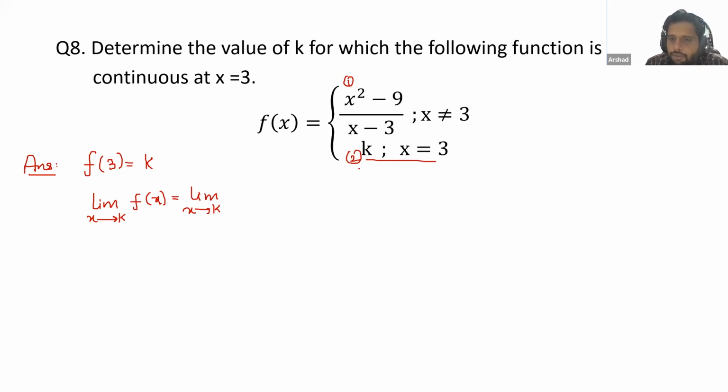Great, Atif, it is correct. Darshan, which function, first or second? Darshan, which function will we choose if we need to calculate this limit?